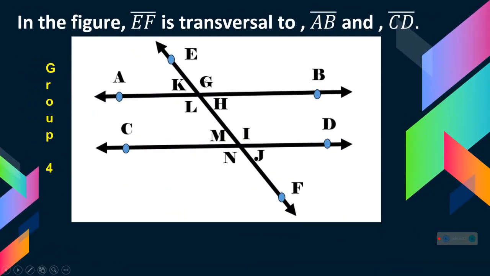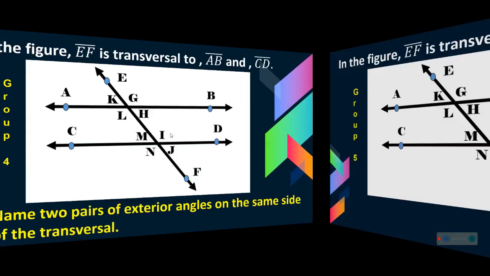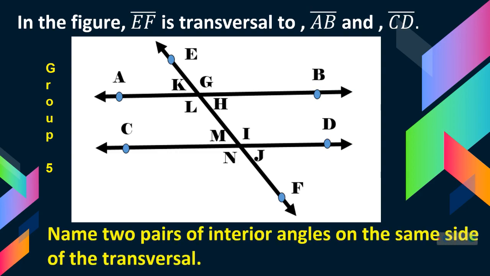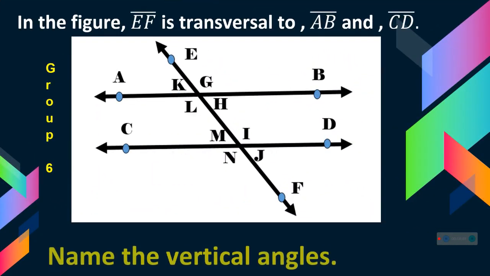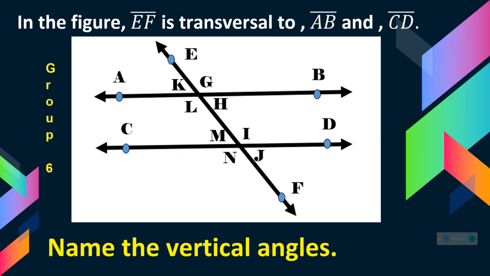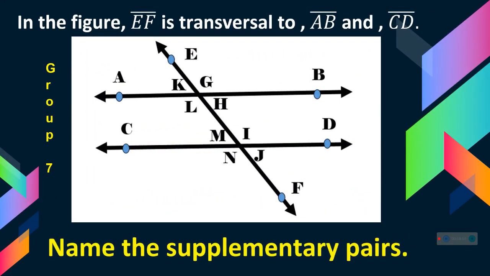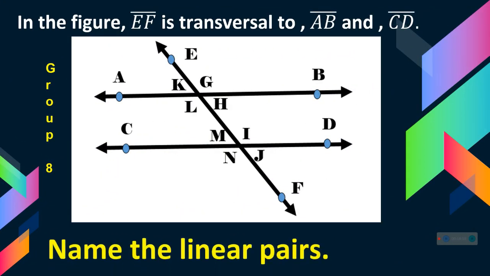For group 4, name 2 pairs of exterior angles on the same side of the transversal. For group 5, name 2 pairs of interior angles on the same side of the transversal. For group 6, name the vertical angles. For group 7, name the supplementary pairs. And for group 8, name the linear pairs.